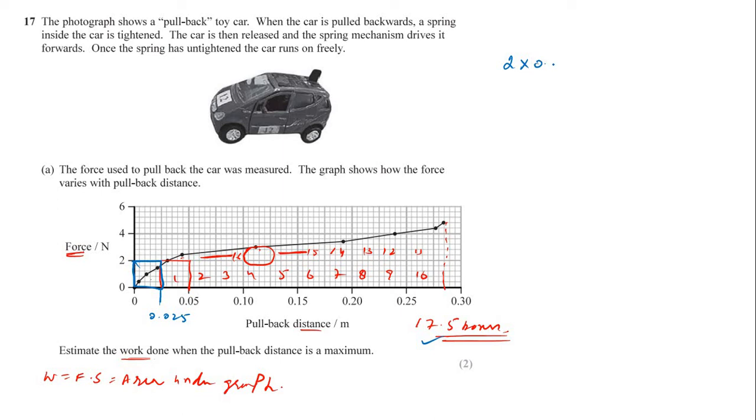So 0.025, this is the area of one box, and we have 17.5, so multiply by 17.5. If you multiply these, we have 0.875.